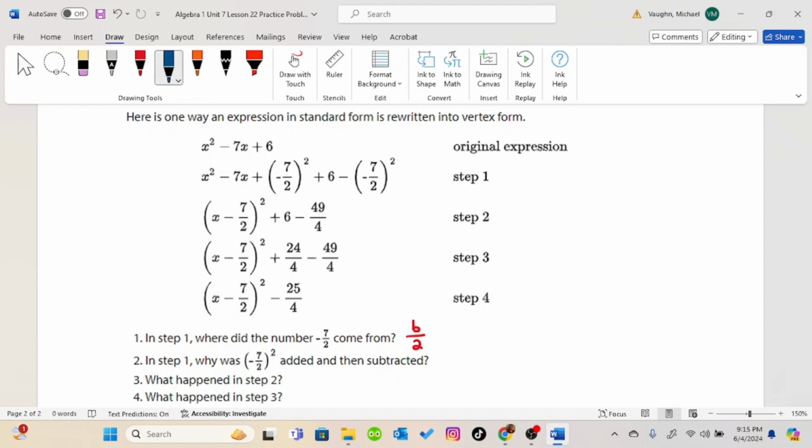Number 2. In step 1, y was -7/2 squared added and then subtracted.